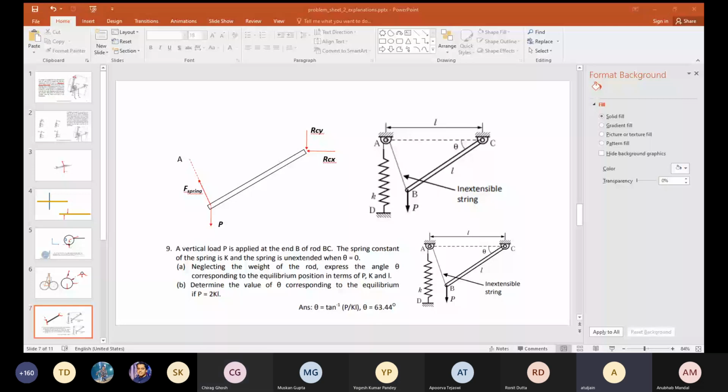Is the concept of the spring clear, if there are problems like this? Yes, sir. Sir, how did we find the spring force? We found the spring force by noting that AB is the extension of the spring, by basic trigonometry.